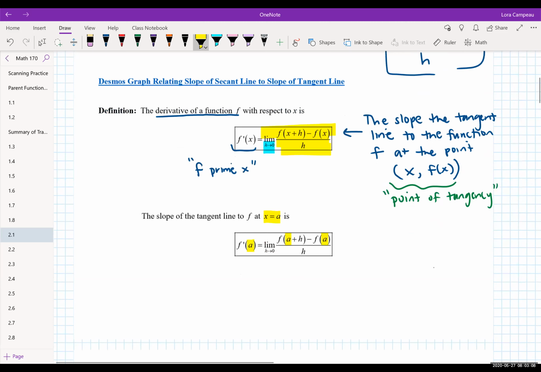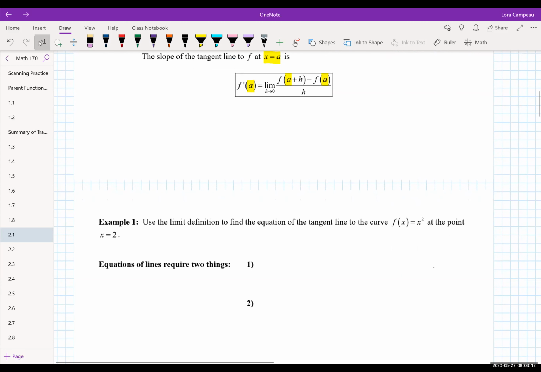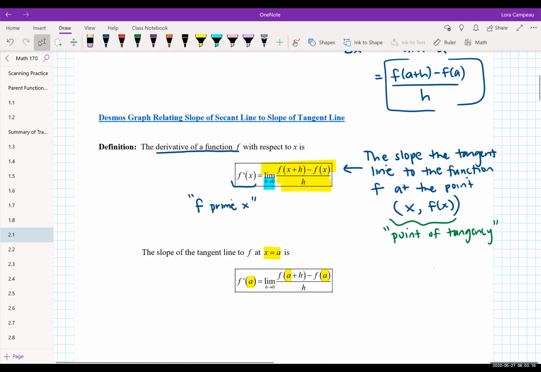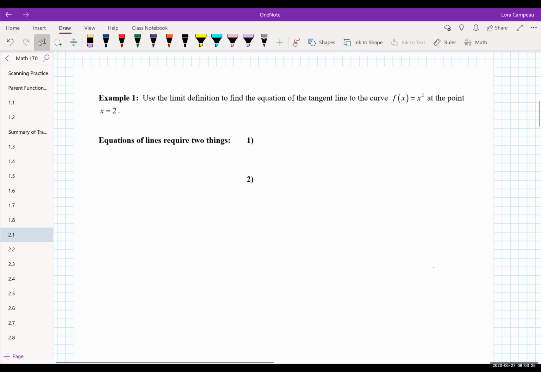So we're going to look at example 1. And remember that f of x plus h minus f of x over h is nothing more than the difference quotient we've been playing with. But let's utilize all of this. Here we go.